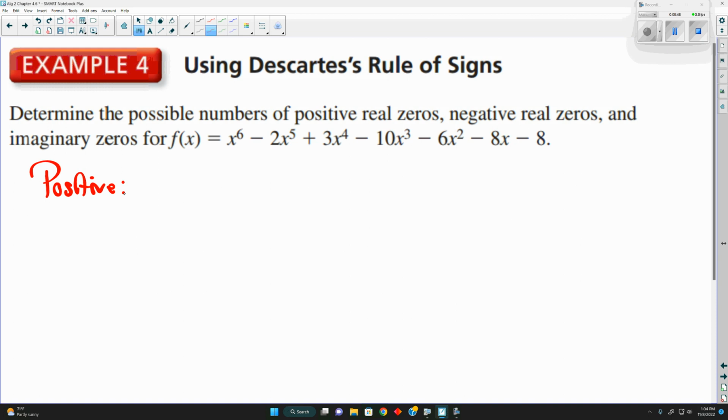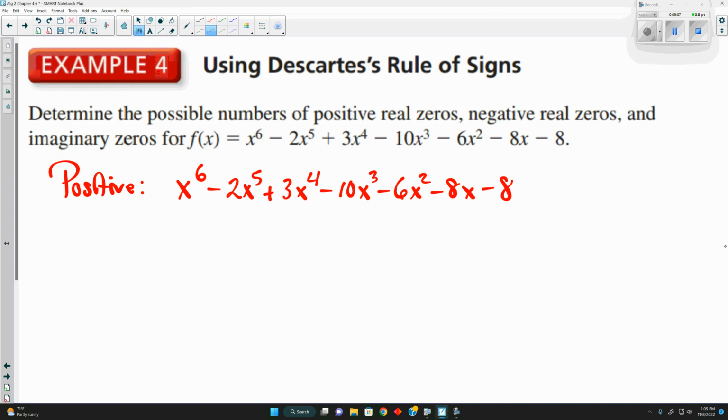So for positive, we're looking at the function itself. For the positive case, the number of sign changes of f of x will give us the number of positive zeros.